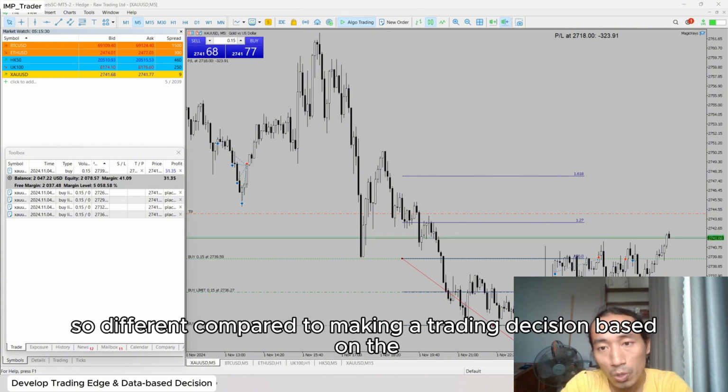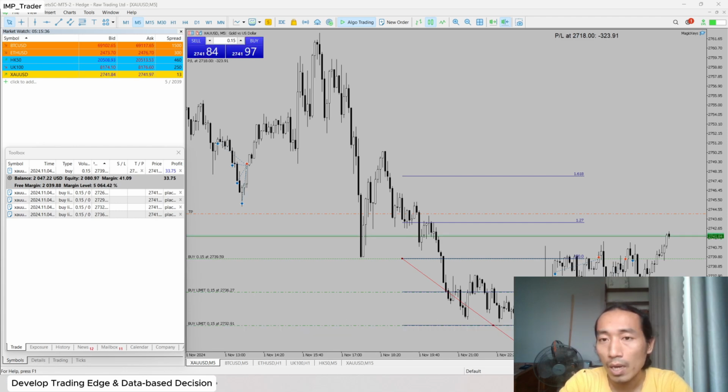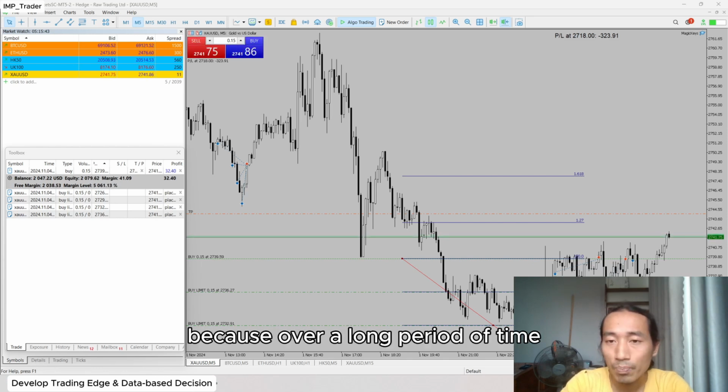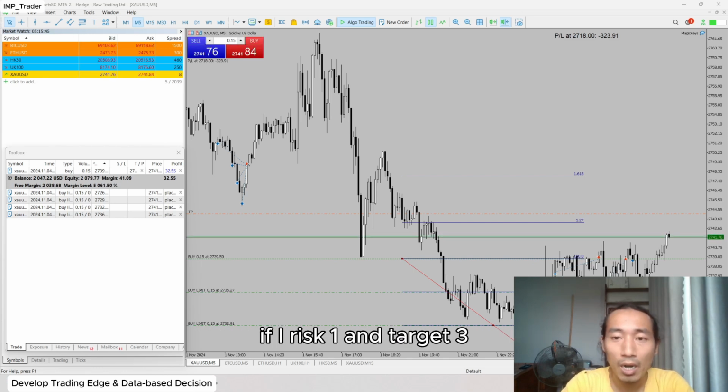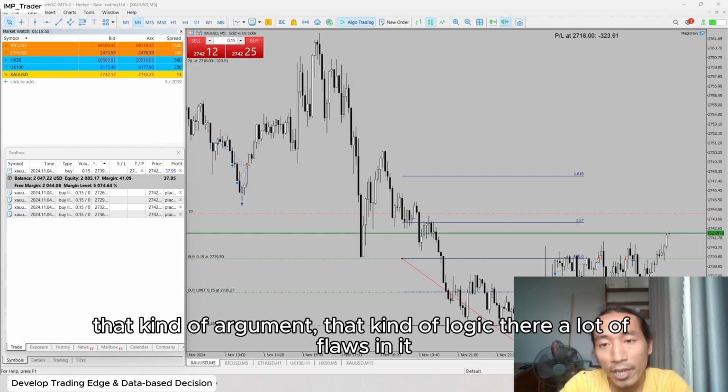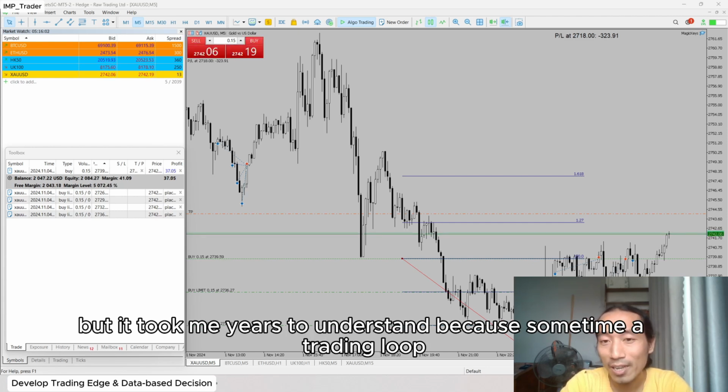It is so different compared to making a trading decision like, I am risking one and I want to have three, because over a long period of time, if I risk one and target three, I only need to win 30% of the time to be profitable. That kind of argument, that kind of logic, has a lot of flaws in it, but it took me years to understand.